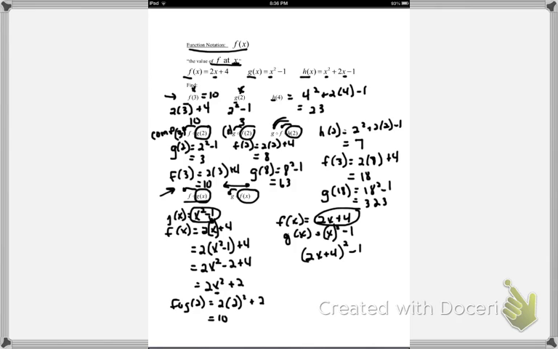You're going to have to FOIL this. 2x plus 4 times 2x plus 4, and you still have the minus 1. This gives us 4x squared plus 8x is 16x plus 16 minus 1. So 4x squared plus 16x plus 15. So our rule for g of f of x is 4x squared plus 16x plus 15.